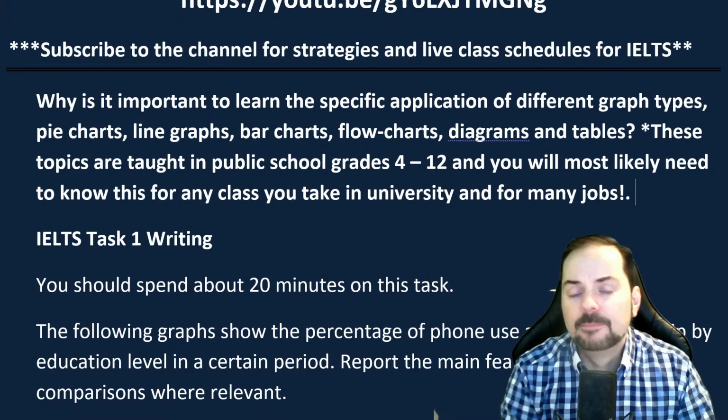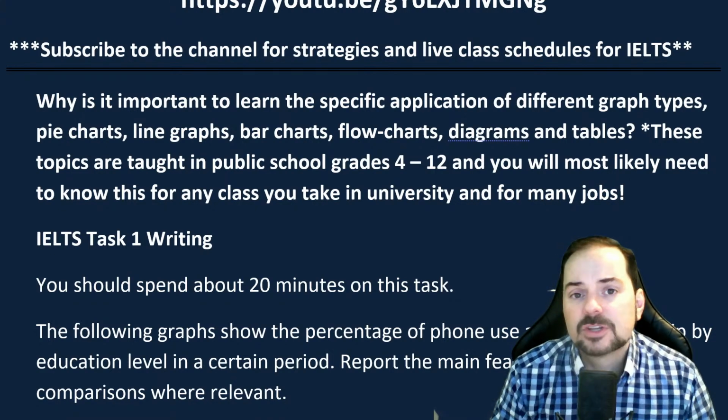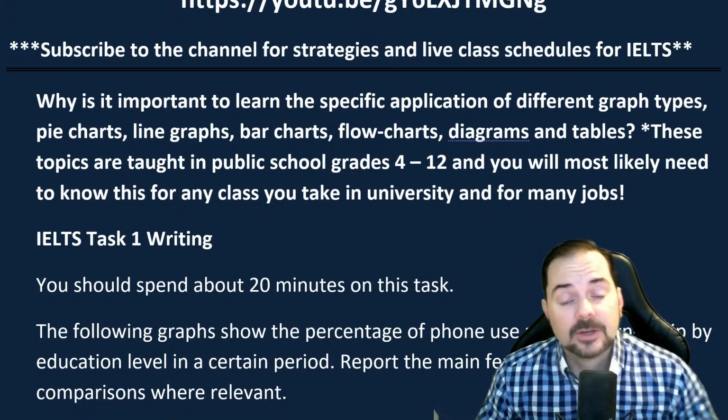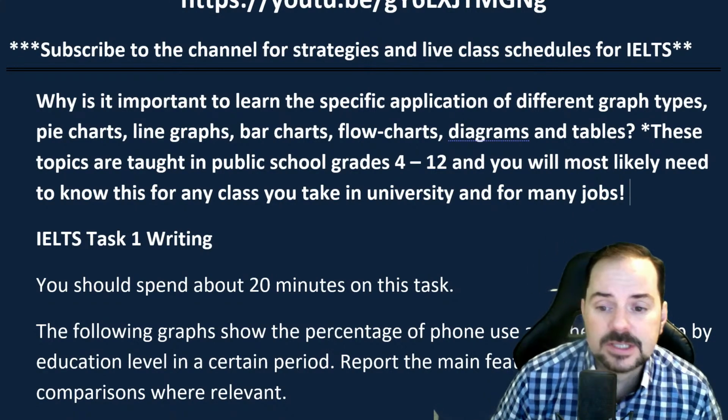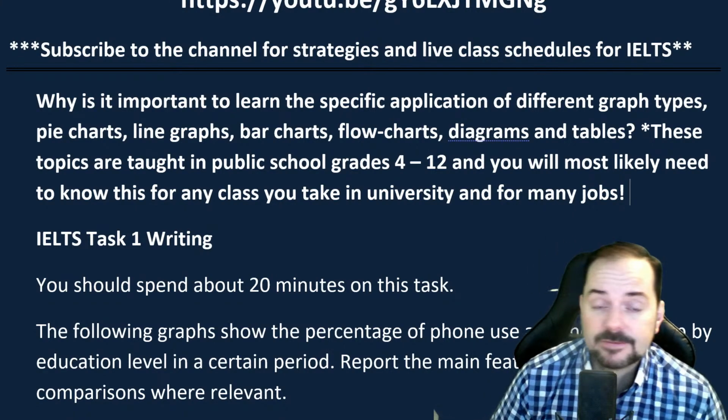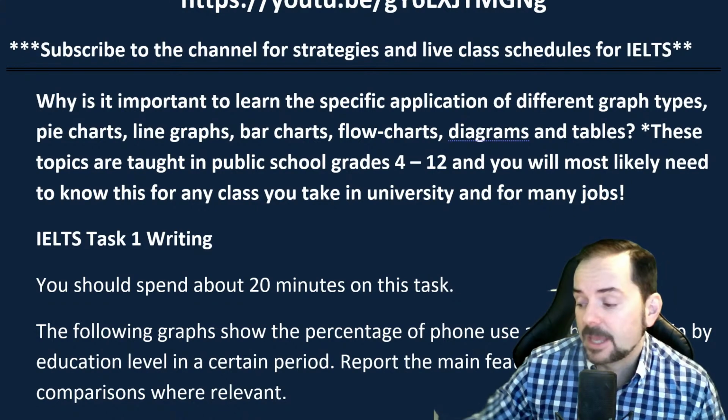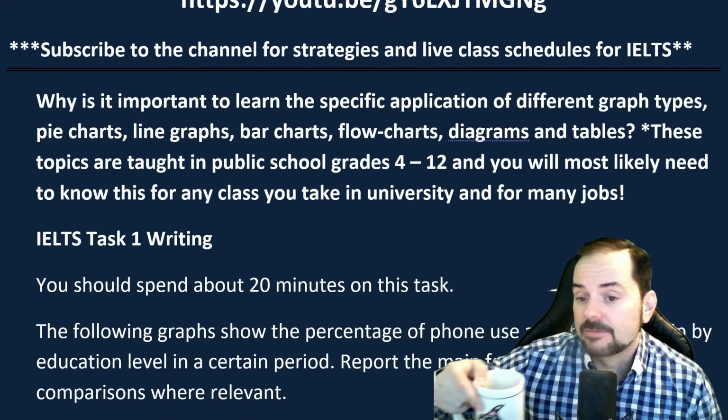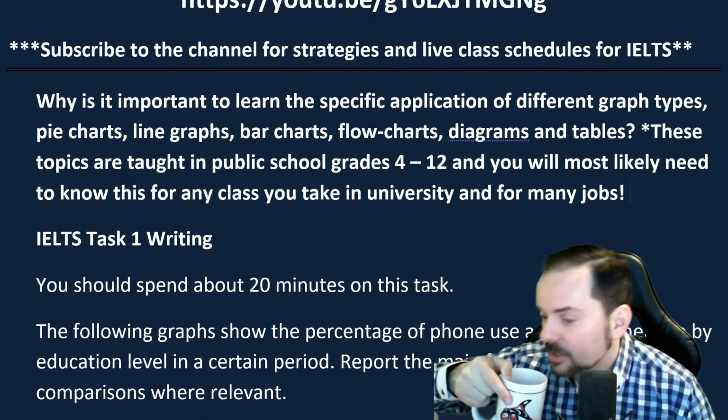Okay. Professors really don't want to sit there and try to explain to you the reason why a pie chart is different than a bar graph or a line graph. Okay, they expect you to know that information.